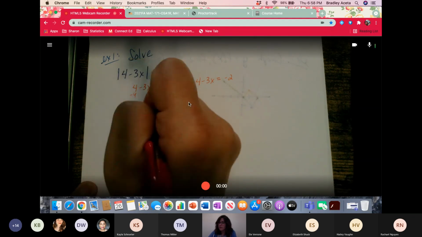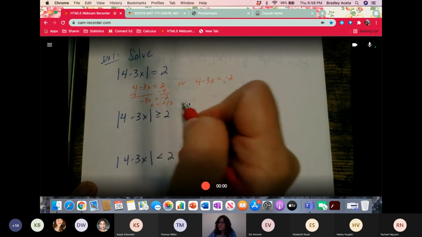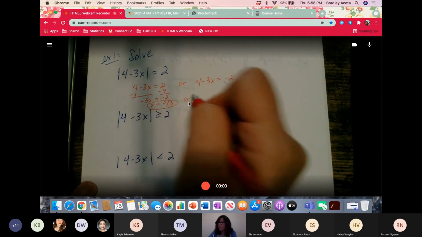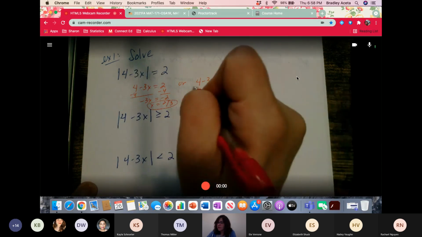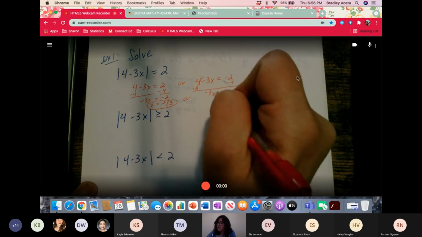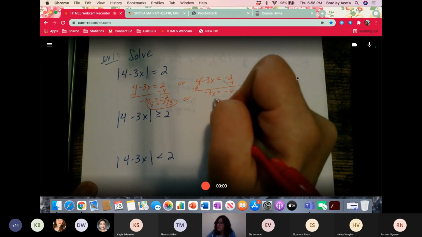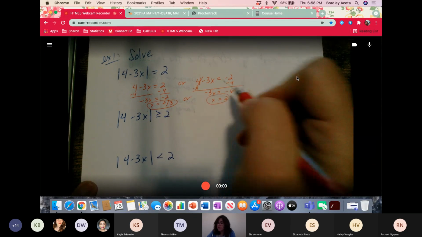Subtract 4, subtract 4. I get negative 3x equals negative 2, x equals 2/3. Or this one, minus 4, minus 4, negative 3x equals negative 6. Divide by negative 3, x is 2.